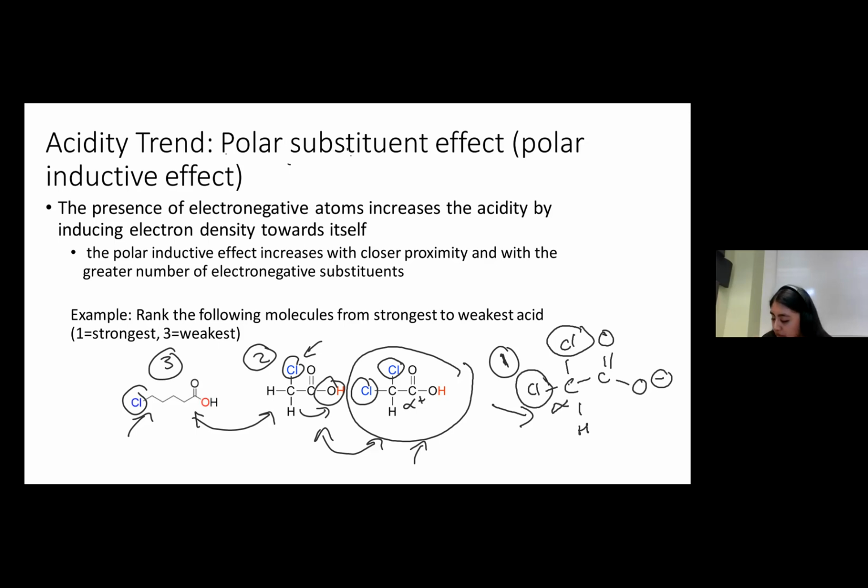So they're going to make these carbons partially positive, more than if you only have one of those electronegative atoms. So this negative right here is going to be stabilized more than if we only had one Cl. Does that make sense?